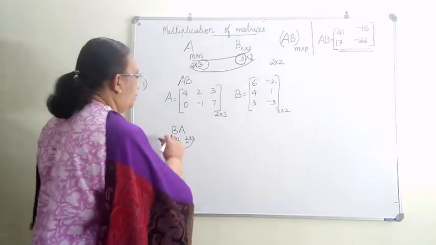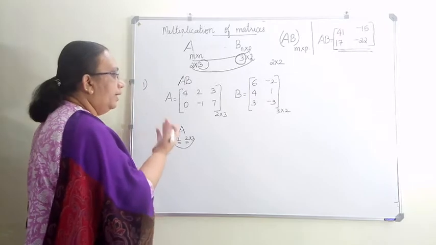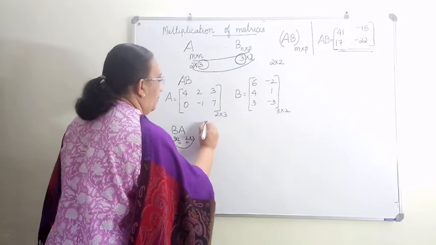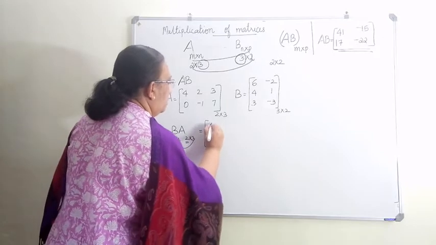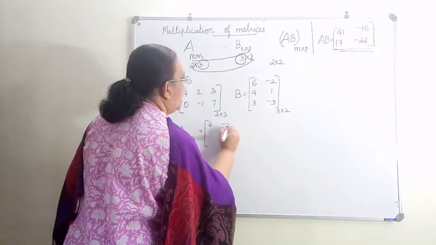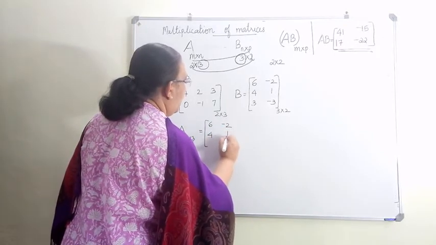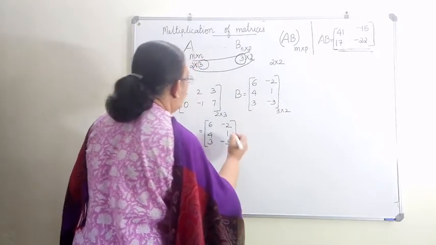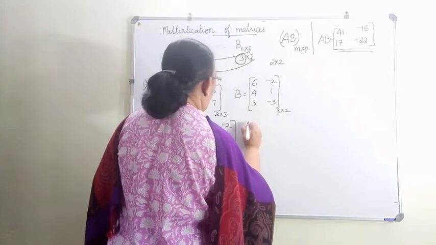Let us see. But don't do it in a hurry. You write down the first matrix first: 6, minus 2, 4, 1. When you have more practice, there is no problem.